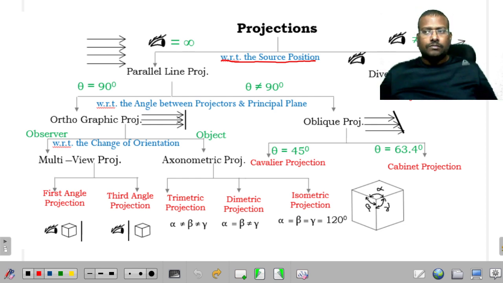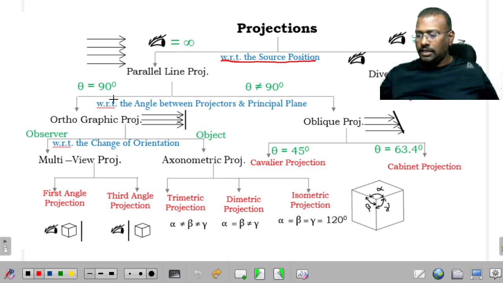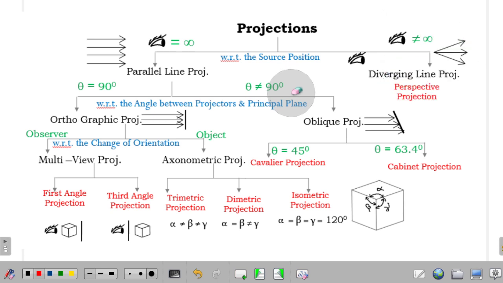Good. Now if the projectors are not parallel, that is, if the observer is at finite distance, just like the example of the human eye, whatever we observe, finite elements only we can observe.